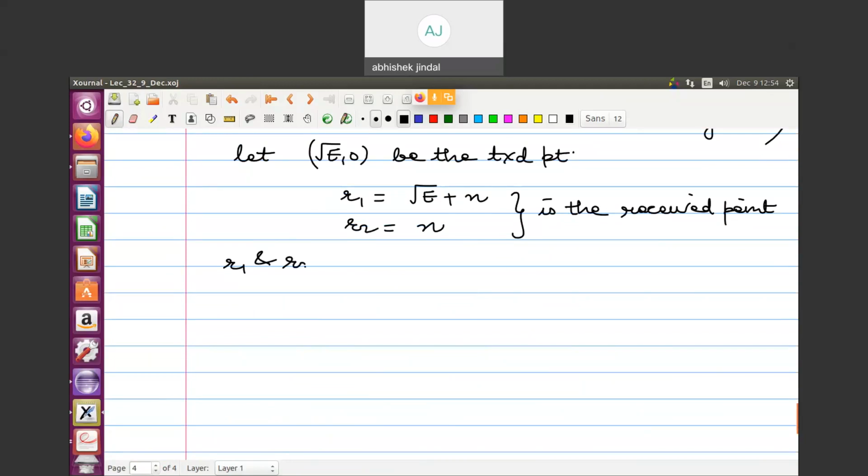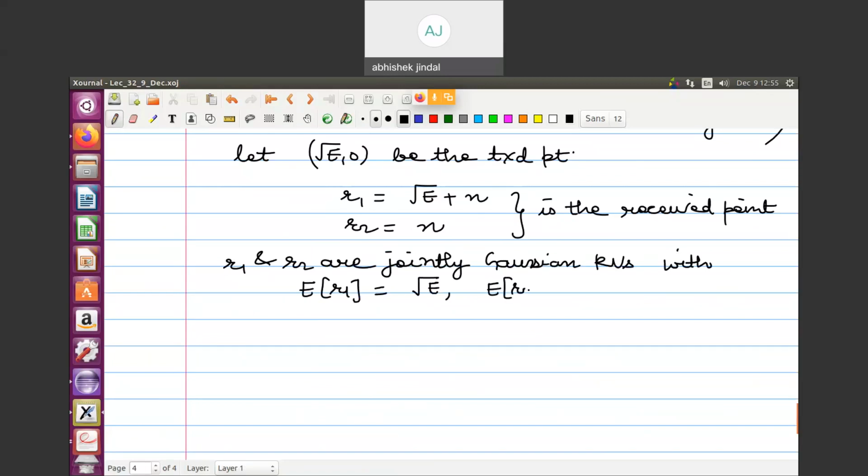So R1 and R2 are jointly Gaussian random variables with expected values root of E and 0, and let us call the variance sigma r square, a common term used for each of the sigmas.